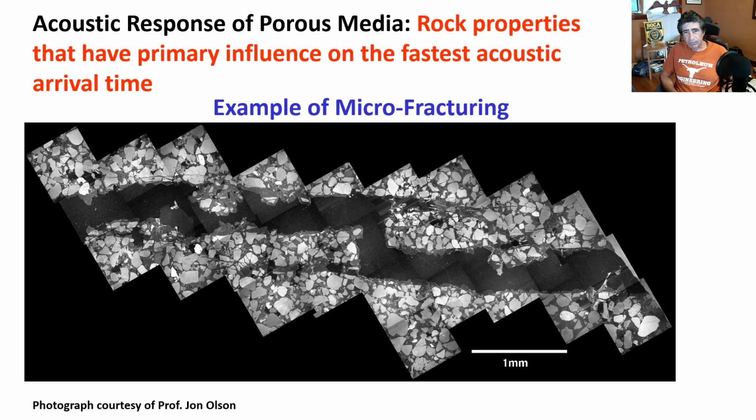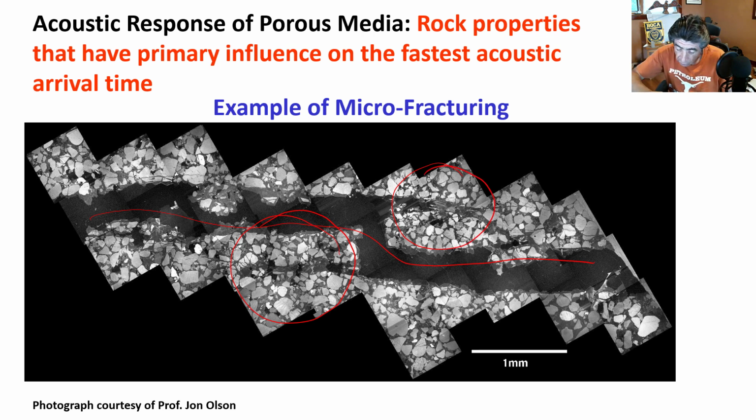So here's an example. If you look at the time of flight, the fastest time of flight for this microfracture rock, we have a fracture right here, and we have the matrix, the dominant matrix.